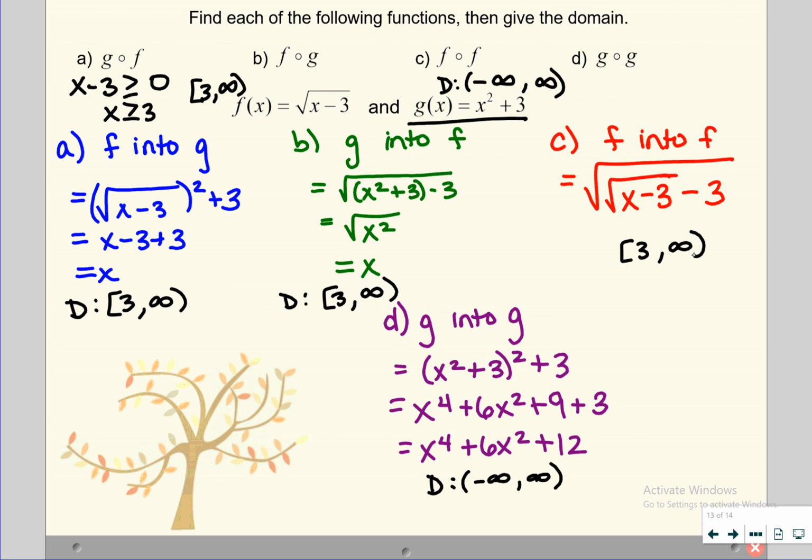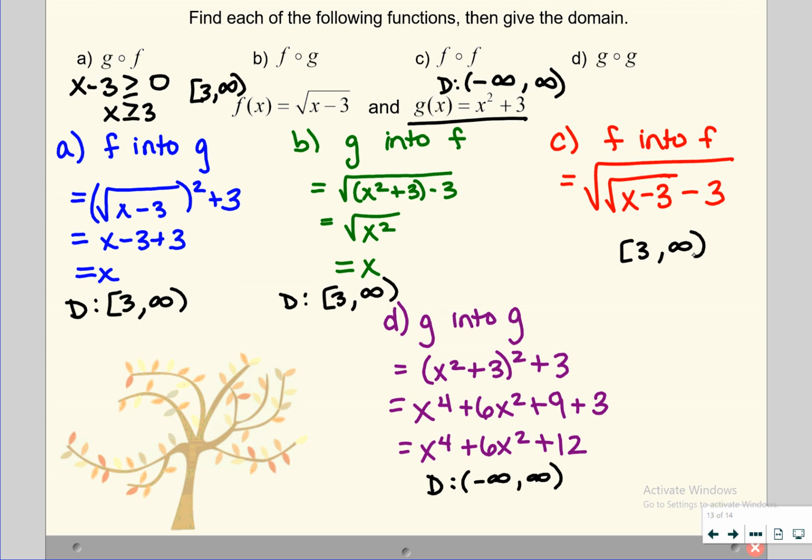So I think the easiest way to do this, instead of getting super complicated with how you solve for it, is figure out what's the first number that I could plug in here that would be defined. 3 doesn't work. 4 doesn't work. What's the first number that you could plug in that would give you an answer, not a negative under a square root? Think you got it? 12 is the first one that would work. And here's why. 12 minus 3 gives me 9.